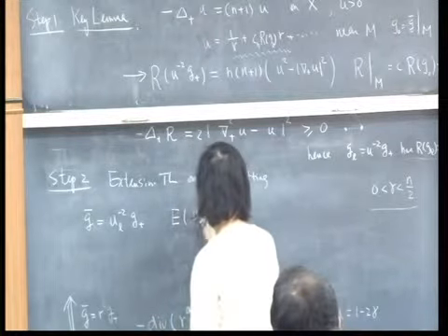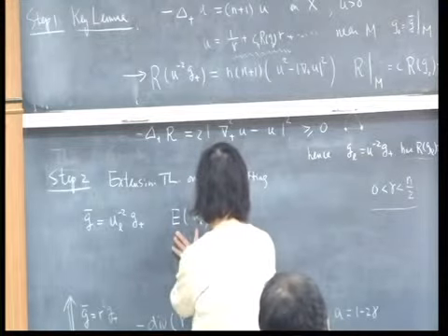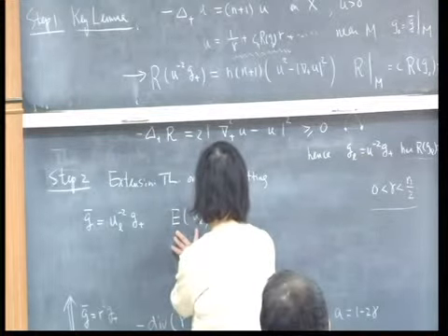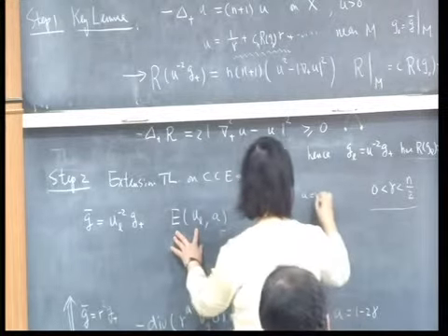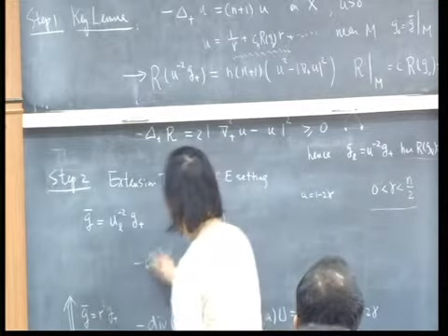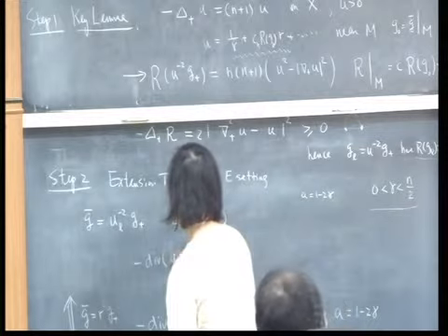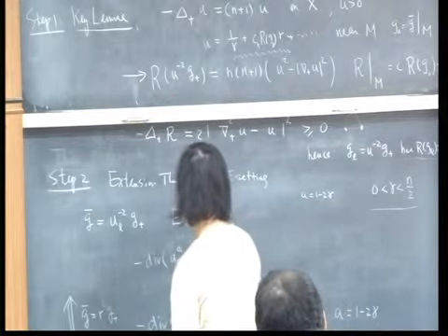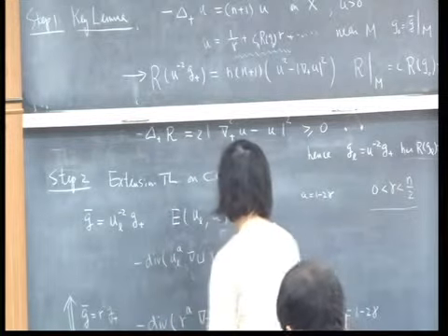Remember in the extension, I have this error term, and it turns out that the error term times this a, where a is 1 minus 2 gamma, I have this minus divergence of r to the a, where r is u to the power, then gradient u, plus this error term.